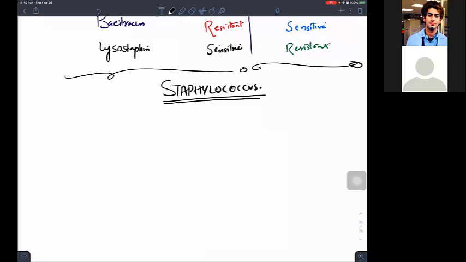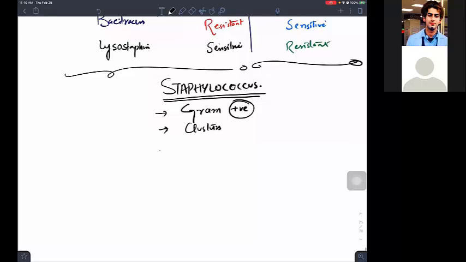So the first point we should write is that Staphylococcus is gram positive. Second thing, what is the shape? You should write everything whatever you know till this moment. It has a grapes cluster appearance, arranged in clusters.